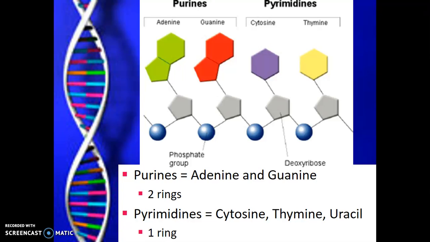Purines have a double ring, so they have 2 rings on them, okay? And pyrimidines have only a single ring, okay? But again, this is a little bit more intense than the level that high school biology really needs to worry about. I just wanted you to be able to see a representation, just in case they show you a specific one on the EOC.